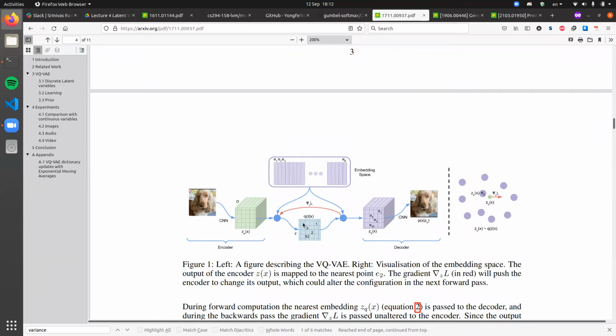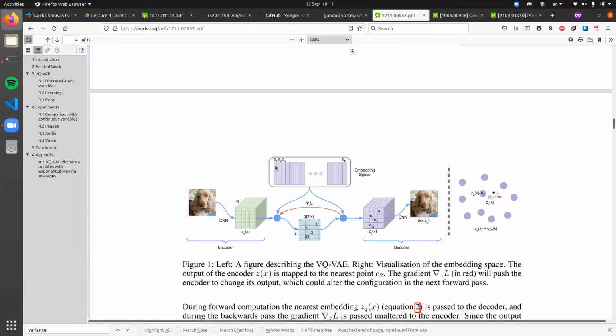For each of these vectors outputted from the encoder, we take the most similar vector from the code book, and we select its index. So our latent code would be this grid of indices into the code book, and that would be what we input to the decoder, right?